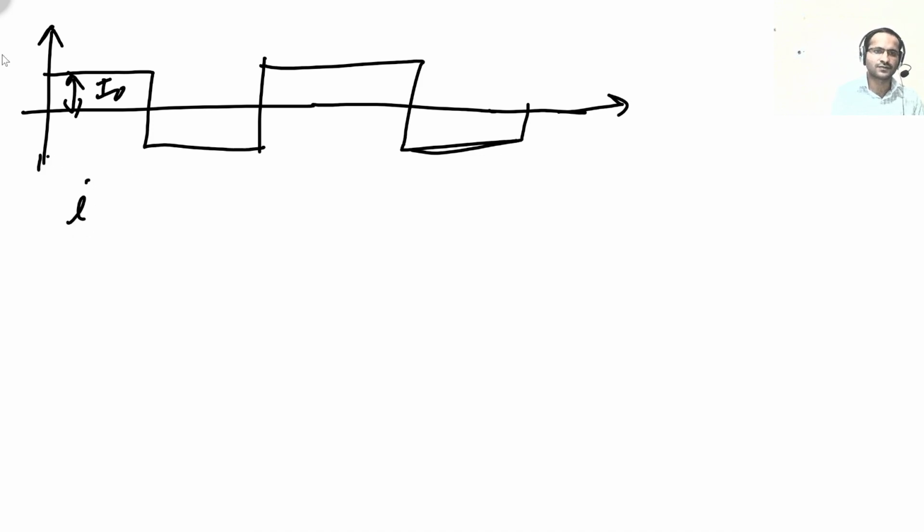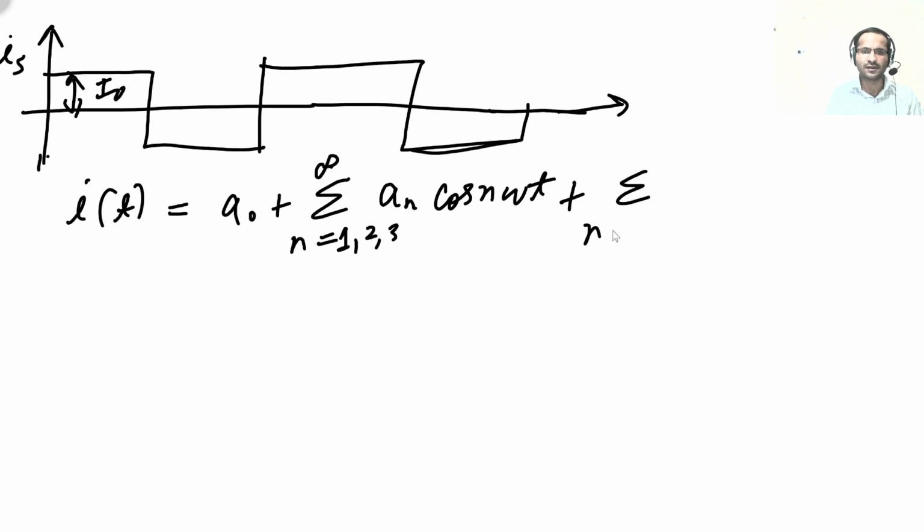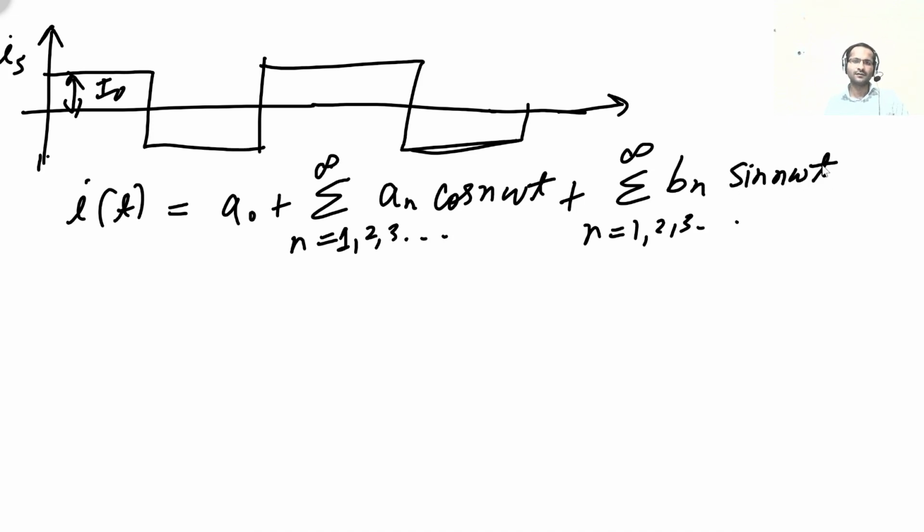Let us say I am representing the source current as the sum of its average value, plus sigma n equals 1, 2, 3 till infinite of an cos n omega t, plus sigma n equals 1, 2, 3, 4 up to infinite of bn sin n omega t, right?